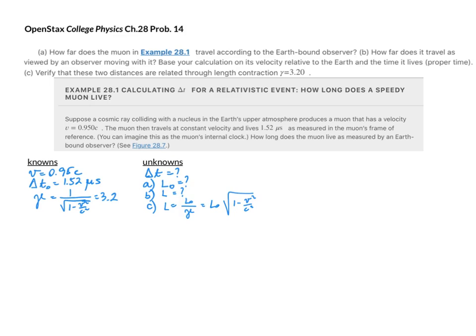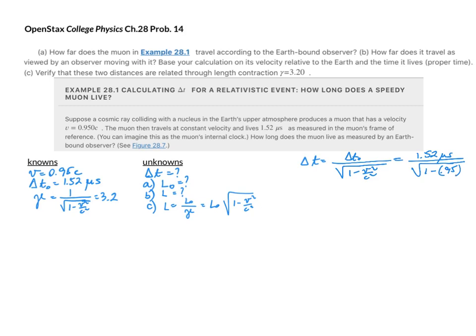So let's start out by solving for delta t, and I'm going to write it on the right here because that's from example 28. So delta t, the dilated time, is delta t naught divided by square root of 1 minus v squared over c squared. So delta t naught is 1.52 times 10 to the negative 6th seconds, divided by square root of 1 minus 0.95 c divided by c, which is just 0.95, quantity squared.